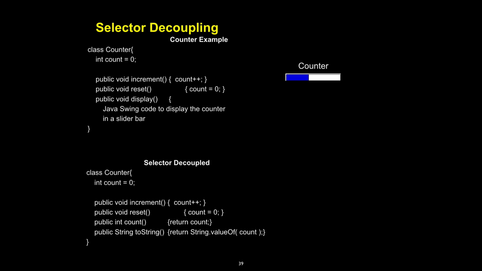So again, in this case, we're keeping our objects decoupled from output or the view by returning a value, which I can then use. It does require there to be a view, right, that handles that aspect.